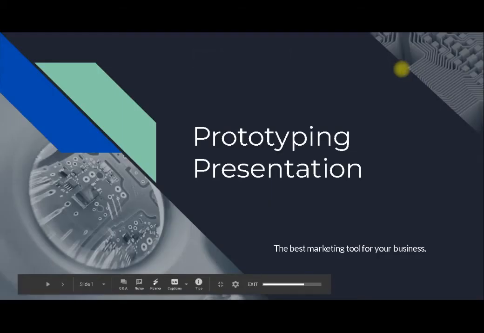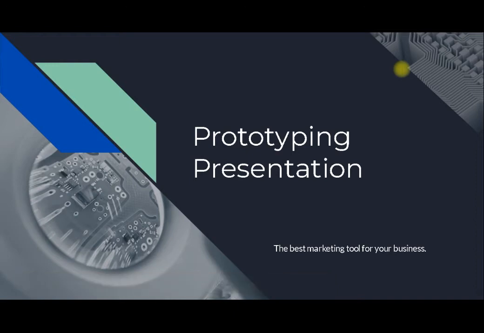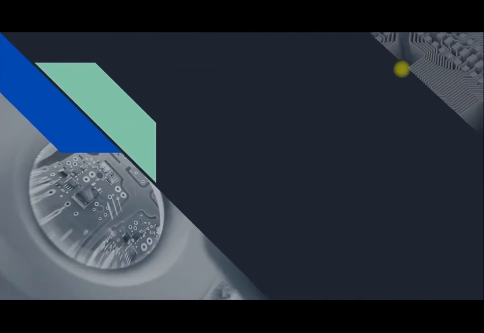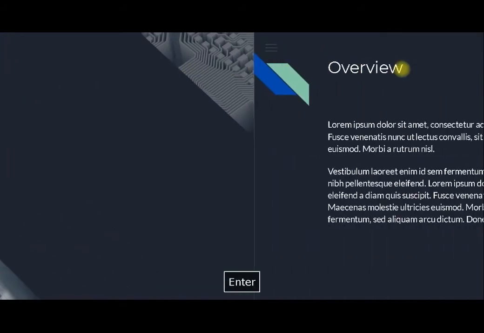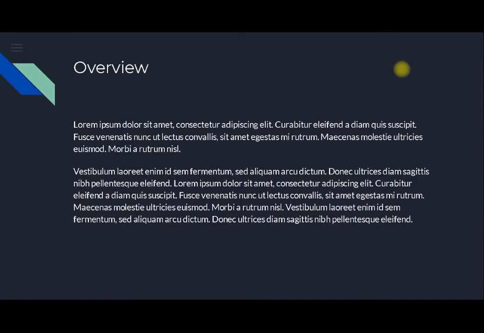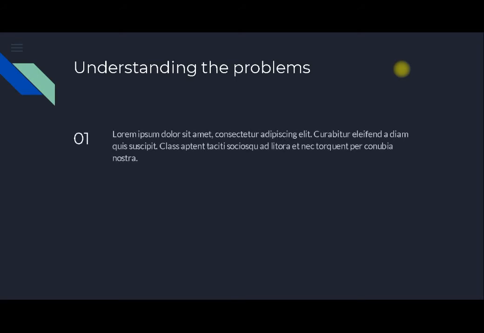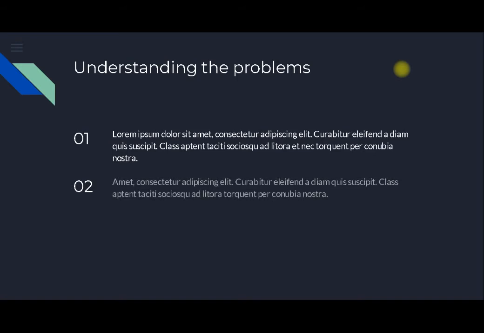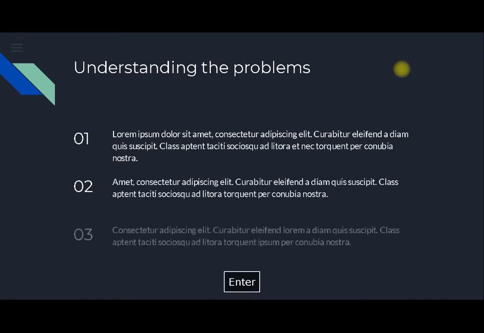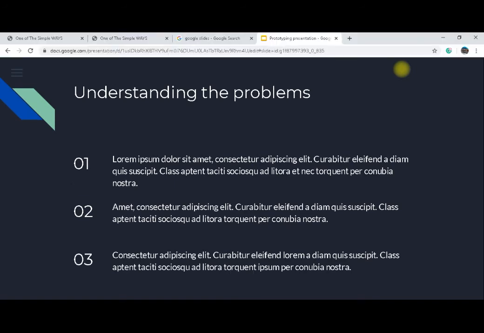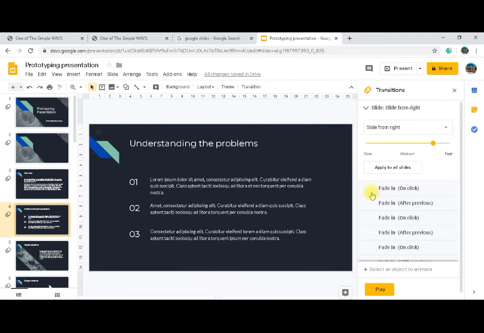Okay, then when I click to go to the second slide, swiping this one we edit without adding text now, and then coming the second one, we can adjust the timing, we can adjust the effect if I don't like this effect, for example, and then coming to understanding our problems, where we made the animations. 1, 2, this is coming a little bit delayed because we changed the timing, and 3, it's coming all together because we selected with previous. If I make escape, I come out from running the slides and return back to my presentation.